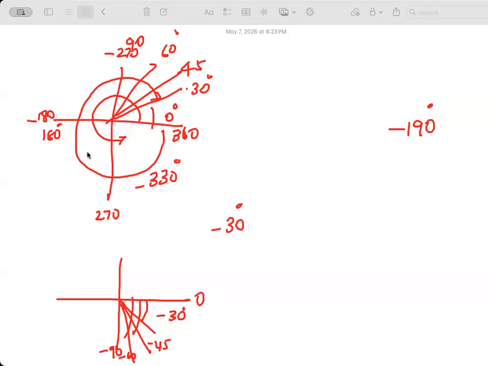Quadrant 2, and what will be the corresponding positive angle? Oh yeah, 170, that's right. Akshada, did you get it? Okay, Arush, you got it. Cool. Others, if you didn't get it, you have to raise up now.